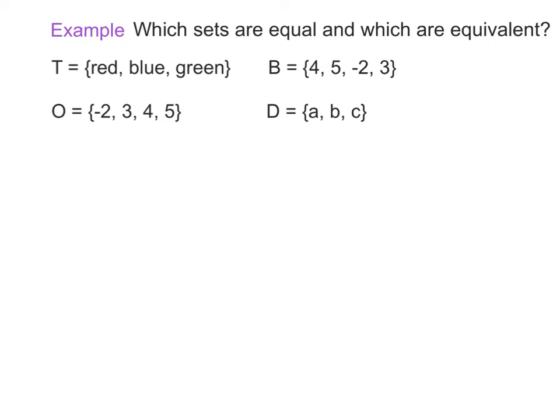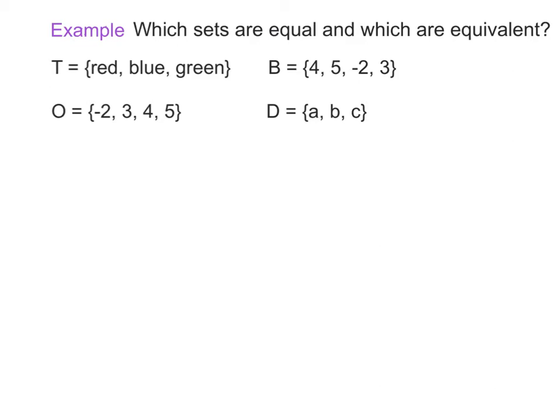So look at the set T. In the set T we have red, blue, green. We have set B, and inside it we have 4, 5, minus 2 and 3. We have set O, and we have minus 2, 3, 4, 5 in set O, and in set D we have A, B, C. So let's start with equal sets. Bear in mind that equal sets are exactly the same, so they need to contain the same elements. The order is not important.